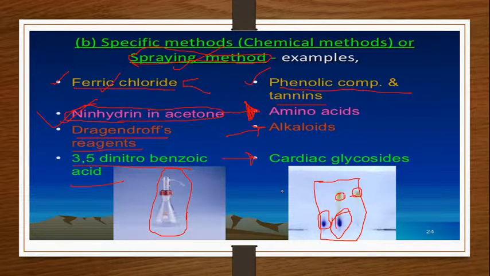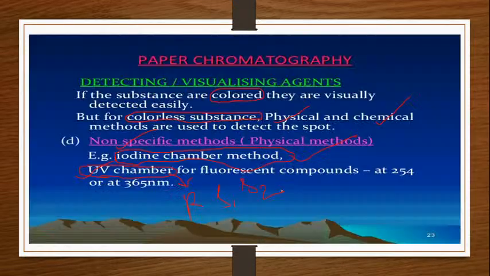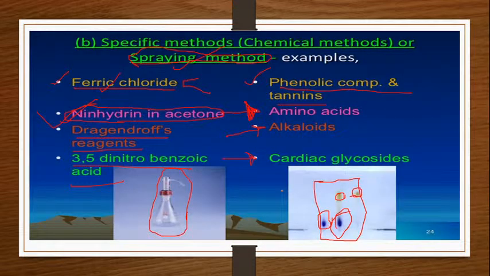And if you know your compound contains only amino acids, go for ninhydrin solution. And if you are unable to have any primary data with you, go for non-specific methods like the iodine chamber, UV chamber. And if you are not satisfied with these non-specific methods, then go for the periodic or subsequent chemical interaction.